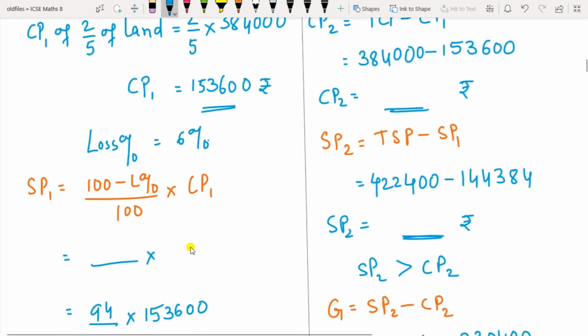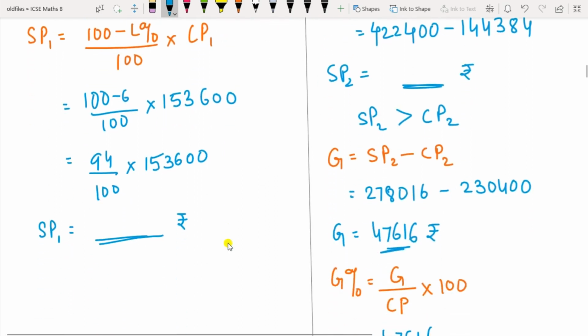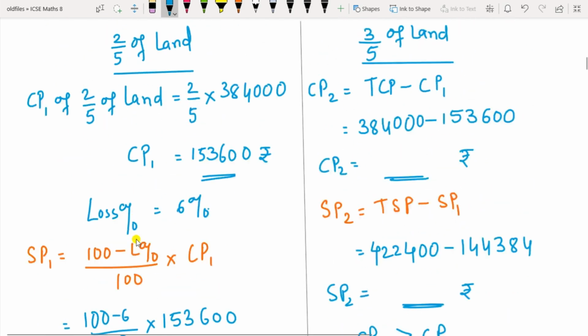So apply the loss percentage formula to find the selling price when CP is given. So it is (100 minus 6) upon 100 into the cost price of 2/5 of land, 153600. If you solve this, you will get the selling price as 144,384, the selling price of 2/5 of the land.